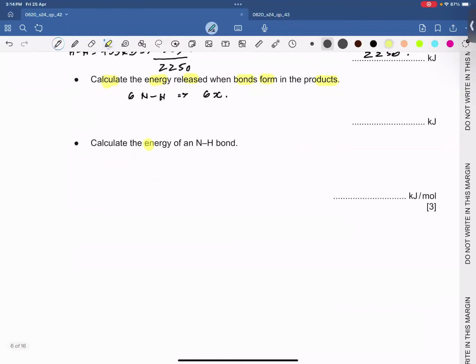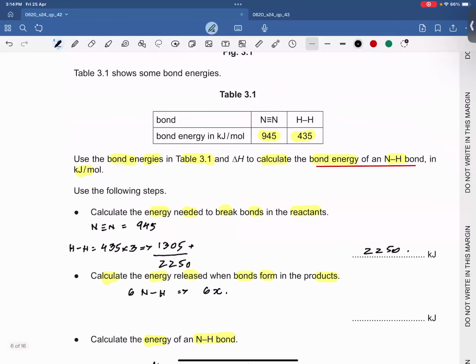Now determine the energy. So let's plug in the value. Delta H equals enthalpy of reactant minus enthalpy of product. Enthalpy of reactant is 2250 minus enthalpy of product, which is 6x. Delta H is minus 90.